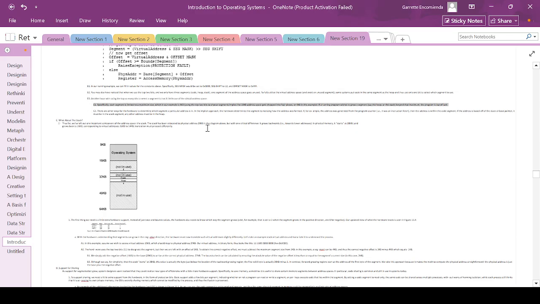Specifically, each segment is limited to a maximum size, which in our example is 4 kilobytes.